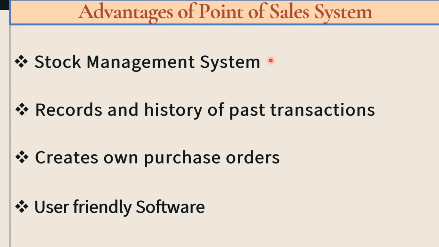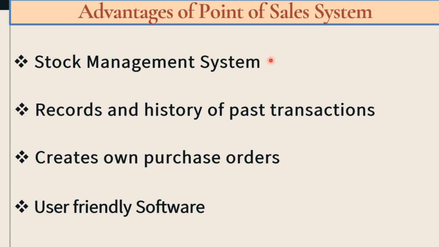If the stock of the medicine is not available, then he says this particular medicine is not available, please come after 2-3 days. So the management of stock that they do, that is what the stock management system is.